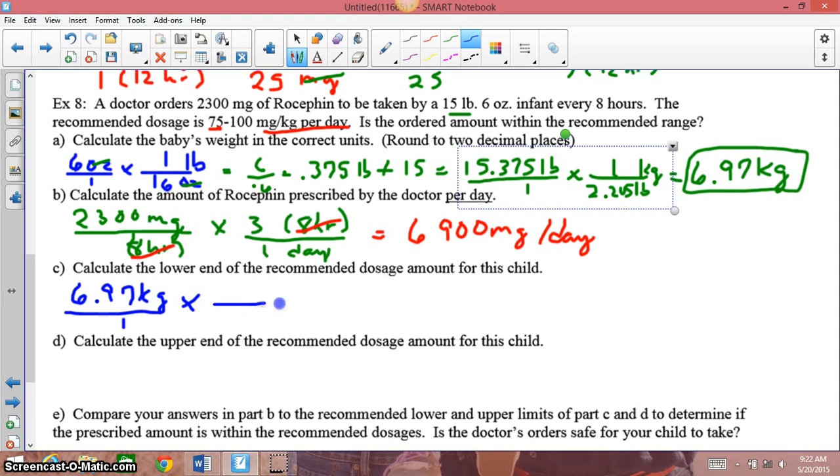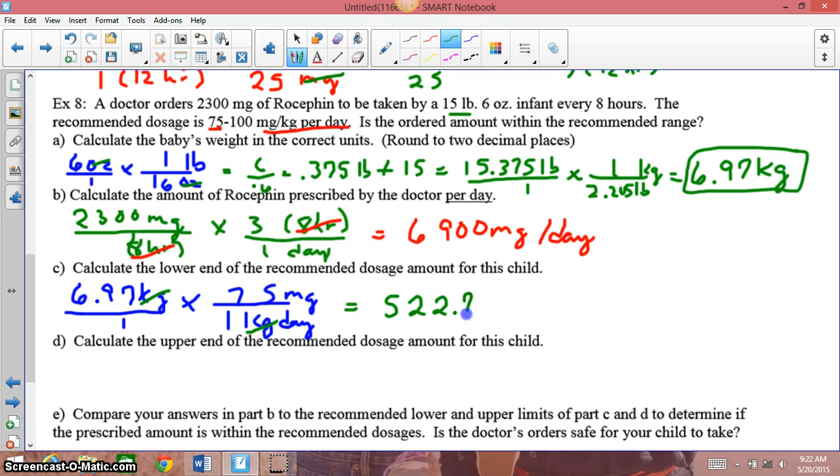We can use our conversion factor there, that there are 75 milligrams for every 1 kilogram per day. And then you can see, like we saw before, our kilograms cancel out. We multiply straight across, and the lower end, then, this child should be recommended to be getting 522.75 milligrams per day on the low end.